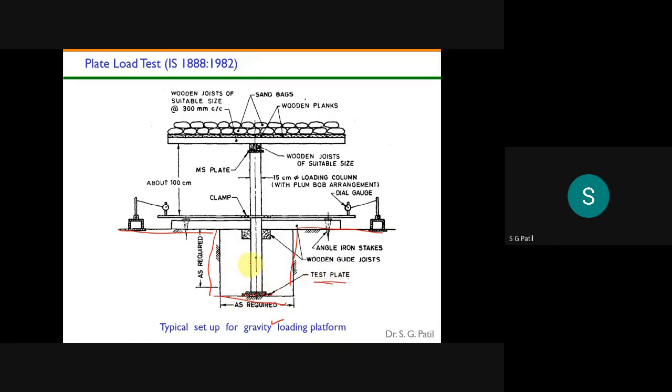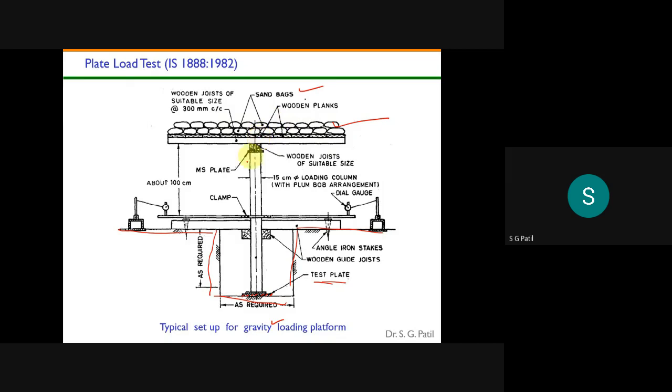This is the test plate, and this is a column, we call it the loading column. Over that loading column you put some dead load. It may be sandbags, maybe some precast concrete blocks also, whatever you want. Some kind of weight I should put.